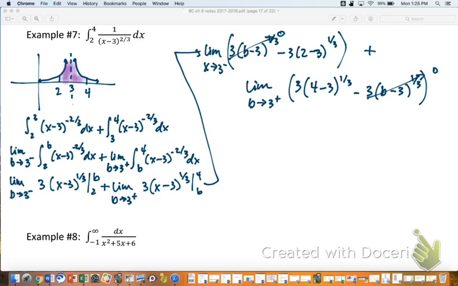All right, so then that actually makes this a lot easier, doesn't it? So up here, 2 minus 3 is negative 1. What's negative 1 to the 1/3? That's right, times negative 3 is just a 3. Plus, well, the other one, of course, 4 minus 3 is 1. 1 to the 1/3 is 1, times 3 is 3. I got the monumentally difficult 3 plus 3 to finish this.